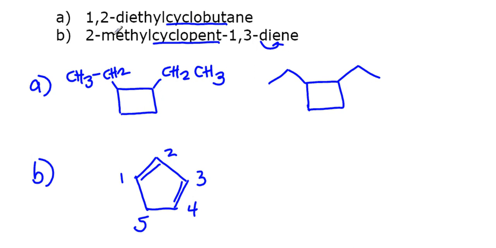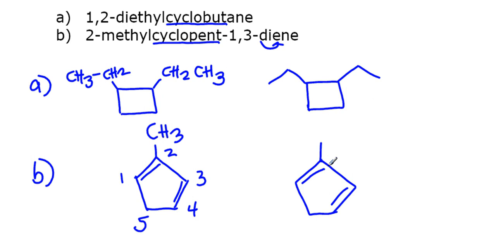And then I need to put a methyl on carbon 2. So it's going to go like this. Again, if you wanted to just do the line diagram, everything would look the same, except you just put a line up there, and that would imply a methyl group. So either one's fine.